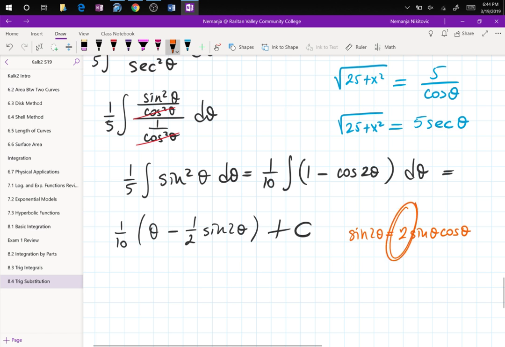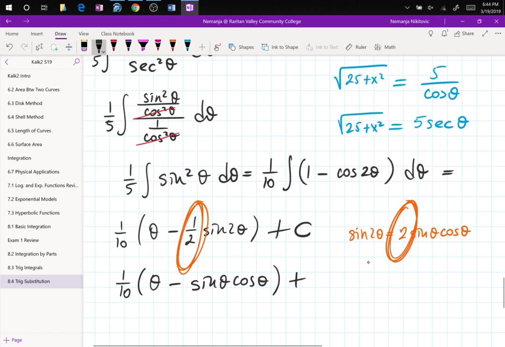And then this 2 is going to kill this half. So we have 1 over 10 times theta minus sine theta cosine theta plus c. And now you can read your sine and your cosine from the triangle and use your inverse.